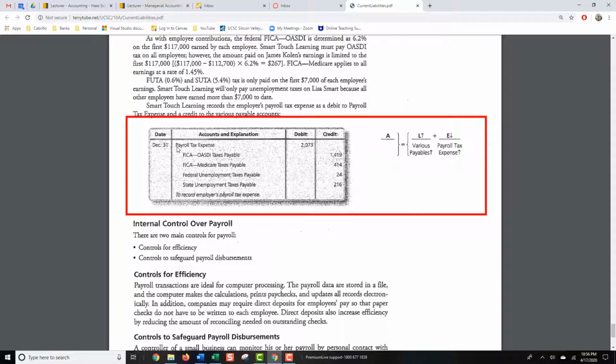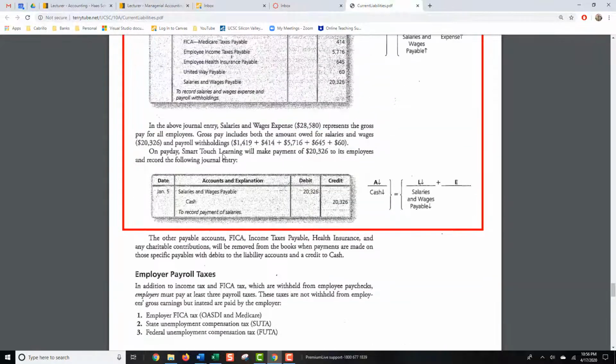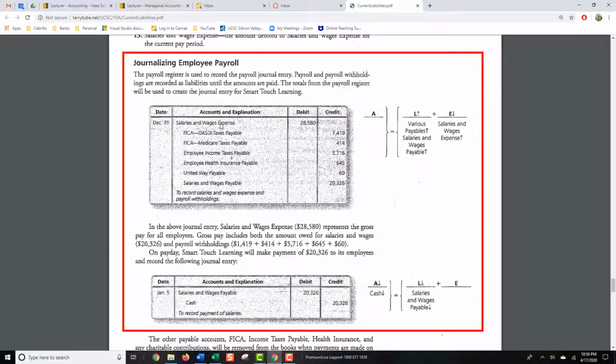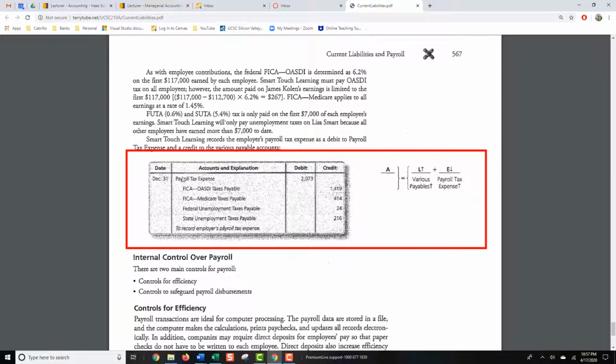The employer has to match the FICA, so the OASDI and the Medicare, but they also have the FUTA and SUTA, so the federal unemployment and the state unemployment. The expense there is called payroll tax expense. So up here it was salary and wage expense. Here it's payroll tax expense, and then all the payables.